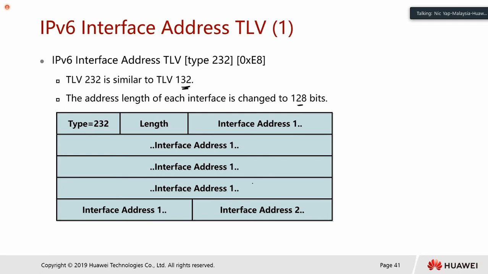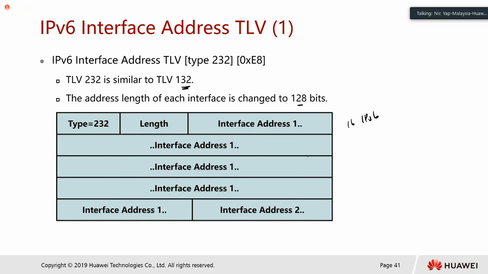What interface do you have? Interface address number 1, interface address number 2. That will be very similar to your TLV 132. For the TLV 232, a maximum of 16 IPv6 addresses can be supported inside this TLV.